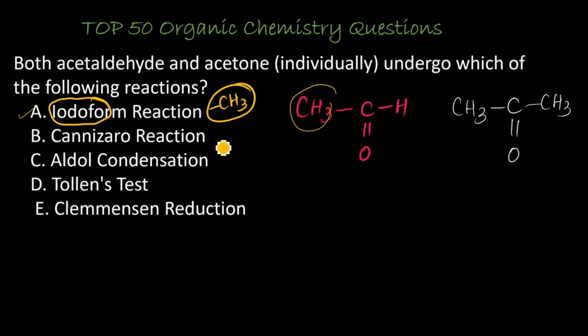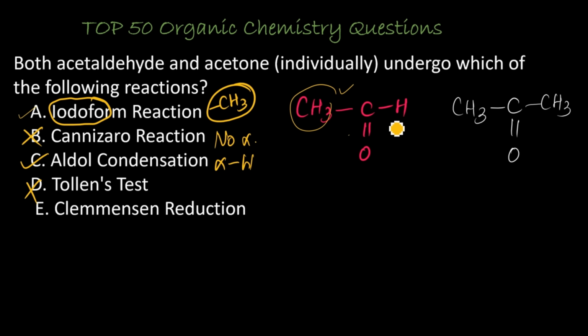Then Cannizzaro. For Cannizzaro, no alpha hydrogens are allowed. Here I have alpha hydrogen, so it can't undergo Cannizzaro. Aldol condensation requires alpha hydrogens, so both can undergo aldol condensation. Then Tollens test. Tollens test is for aldehydes, not for ketones, so only acetaldehyde can undergo Tollens test.